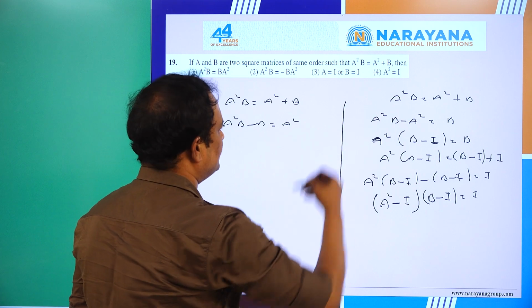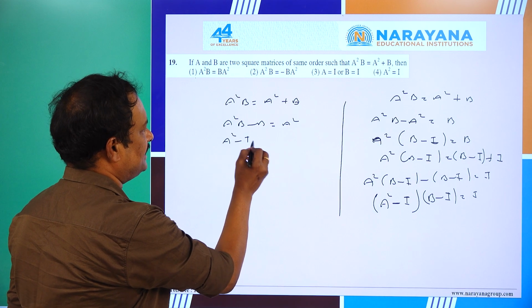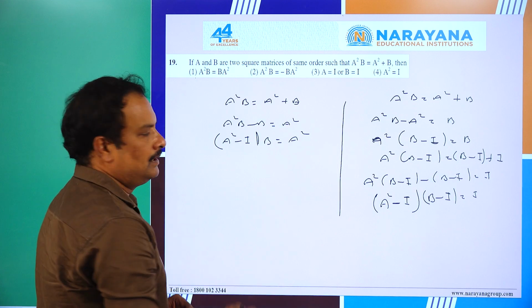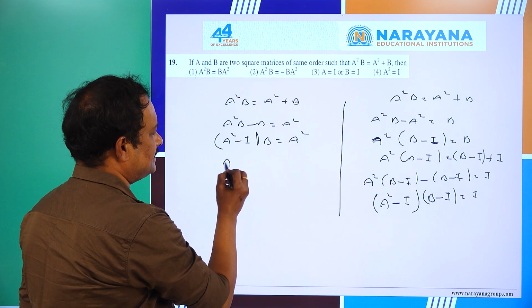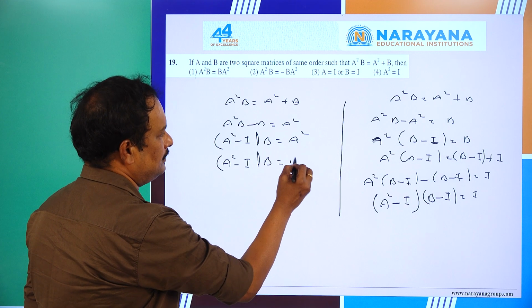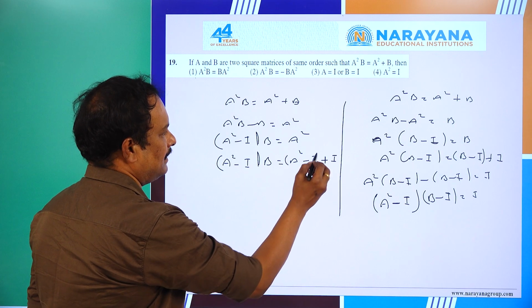So what is the common term here? B is common. So A square minus I into B is equal to A square. Then we are now going to write A square minus I into B is equal to A square minus I plus I. Add and subtract I there.